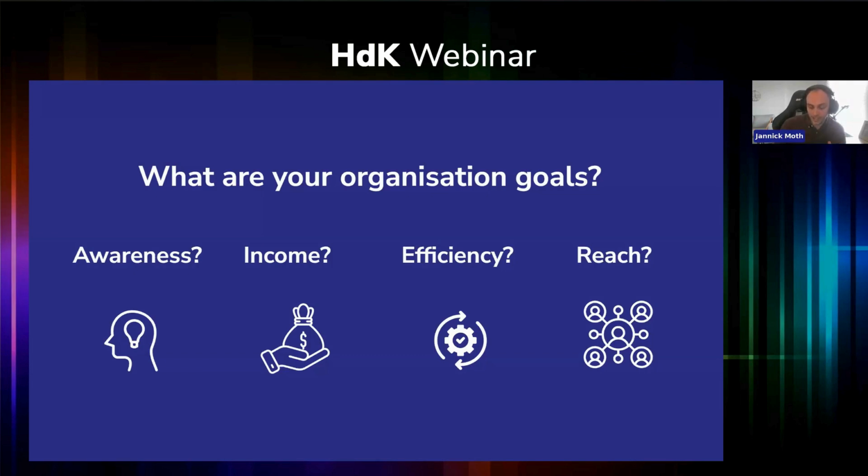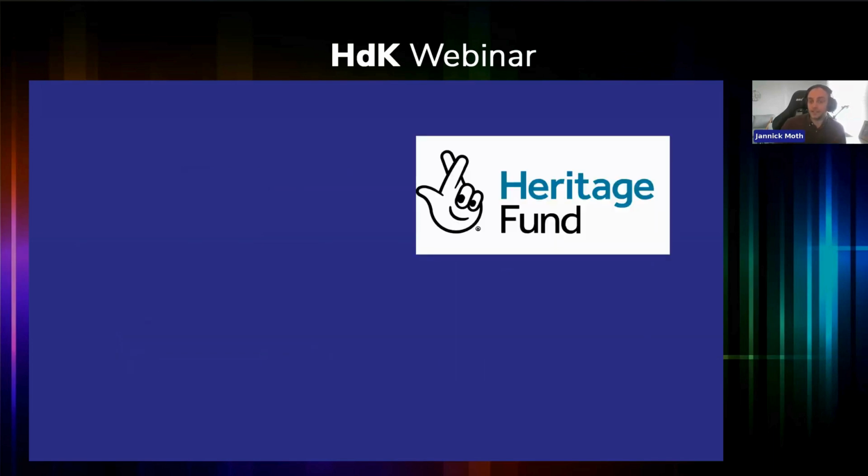I had a look online just to see if I could find any reports at the end of a project. And I found the Heritage Fund. It goes into a lot of detail, but they've got some great reports of how their impact has been on their funding rounds. And we'll put the link in the chat for the full report.